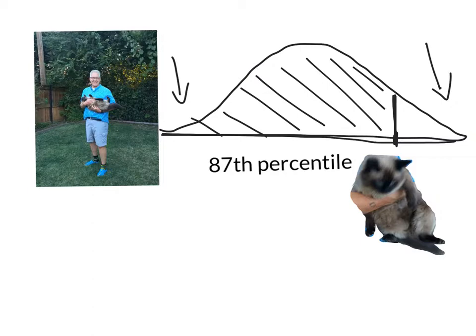Okay, now let's talk about a z-score. Okay, so let's just say that the average Siamese cat weighs, oh, what are we going to say? How about the average Siamese cat weighs about 8.5 pounds? So that's the average weight.